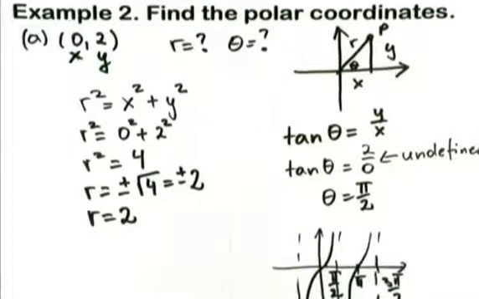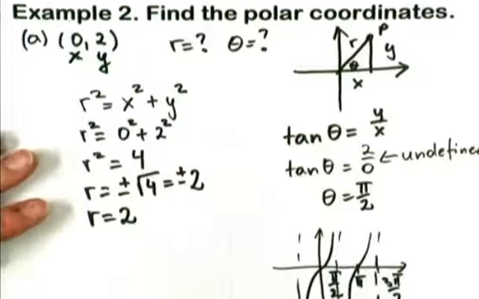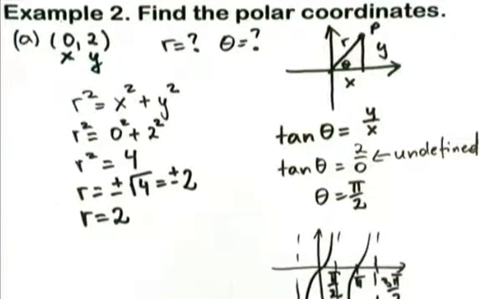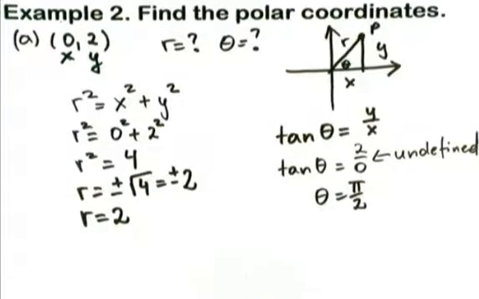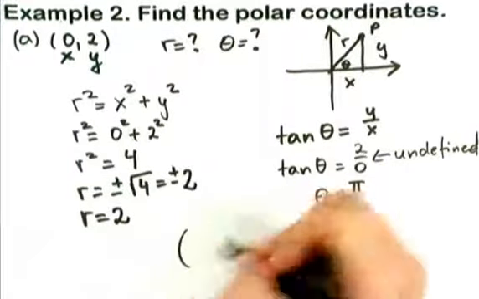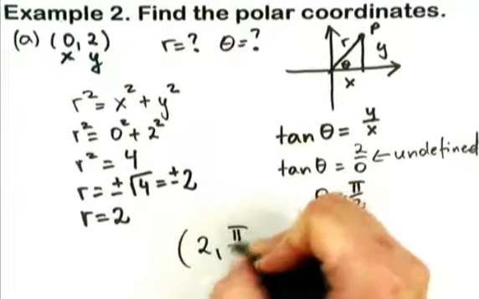We are looking for theta such that the tangent is not defined. So that's the point where it's an asymptote. So the point where the tangent has an asymptote is pi over 2. So the polar coordinates of this point are nothing else but 2 and pi over 2.